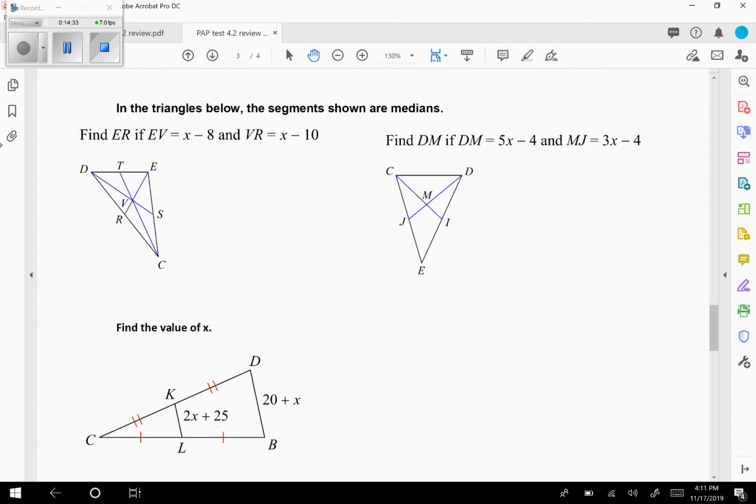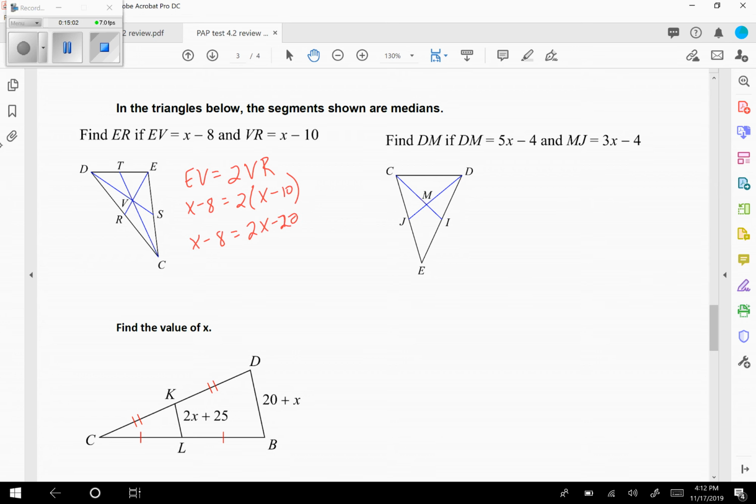Okay, so basically we have EV is twice the length of VR. The longer side is twice the length of the shorter one. So we're just going to substitute in. x minus 8 is equal to 2 times x minus 10. So we have x minus 8 is equal to 2x minus 20.